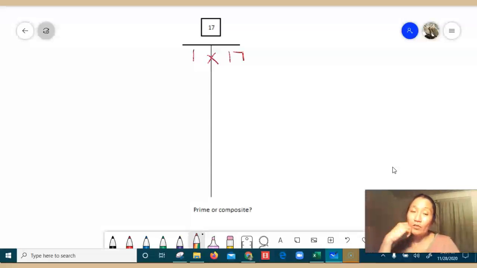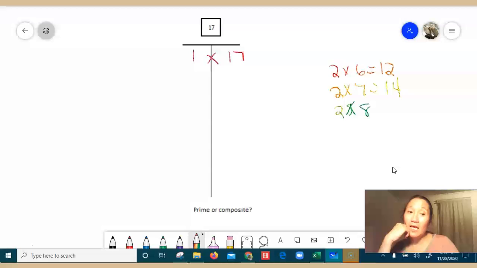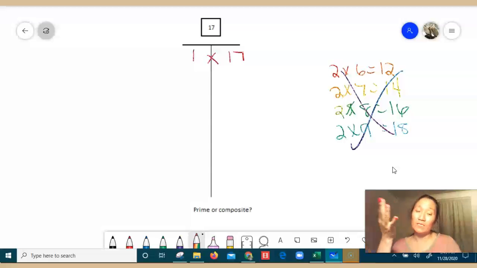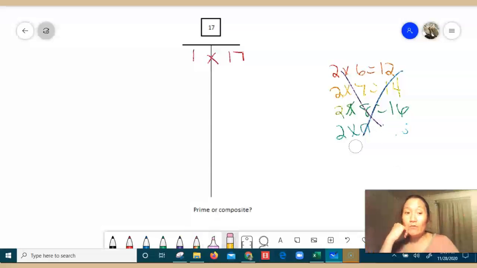So then we move on to 2. 2 times 6 equals 12, 2 times 7 equals 14, 2 times 8 equals 16, 2 times 9 equals 18. Well, 2 will never work because it skips over 17. It goes from 16 to 18. So 2 never works.